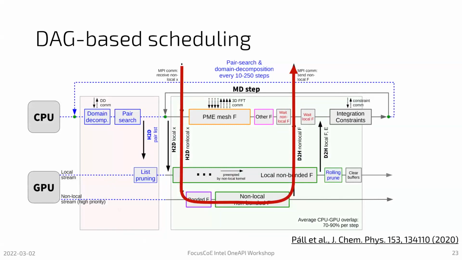So we compute the forces that should be sent to other MPI ranks as soon as possible, so we don't make those ranks wait for us. And in SYCL, there is no explicit way to put priorities, nor a way to say that this path through the graph is critical, so it should be prioritized when scheduling work. There is just no way to express that.